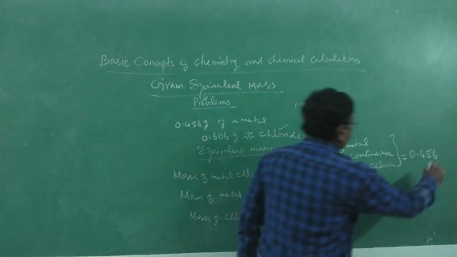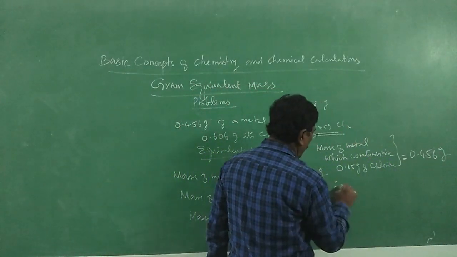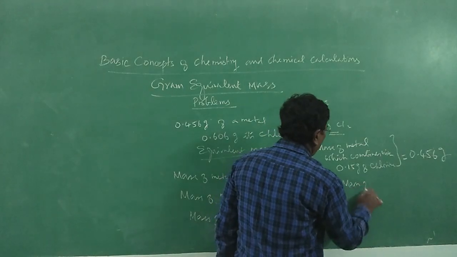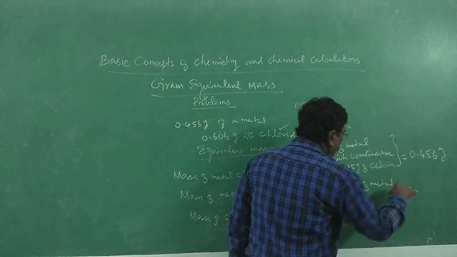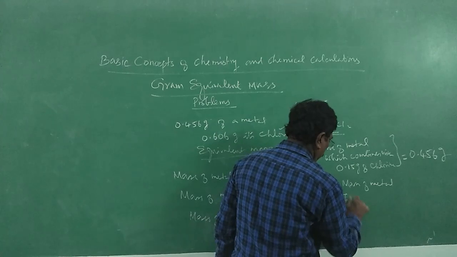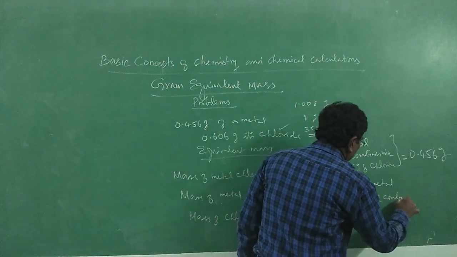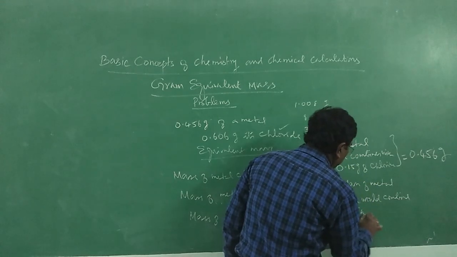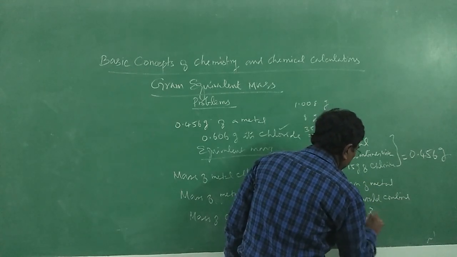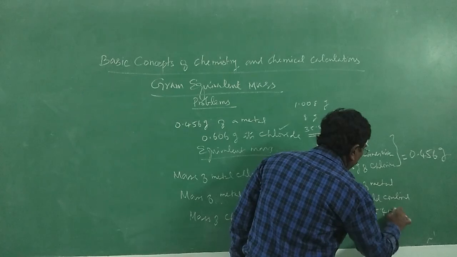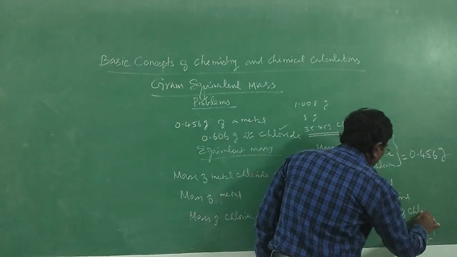Therefore, the mass of metal which would combine with 35.45 gram of chlorine will give the answer.